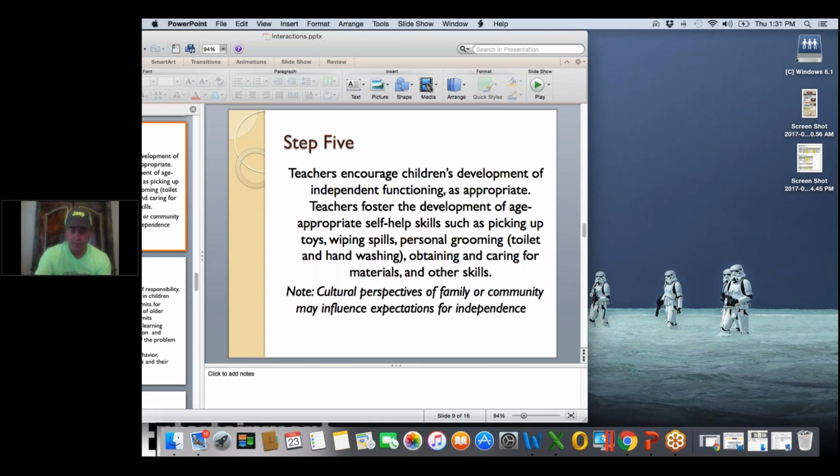Like, for example, I'll just throw it out there. There's a couple of cultures in particular where the man is always dominant over the woman. And even though this is a 3-year-old boy in your classroom and you're a 40-year-old teacher, their culture still dictates that that boy is dominant over the woman. And that's just how the cultural perspective is.